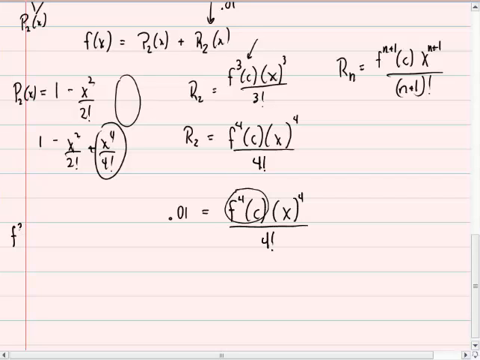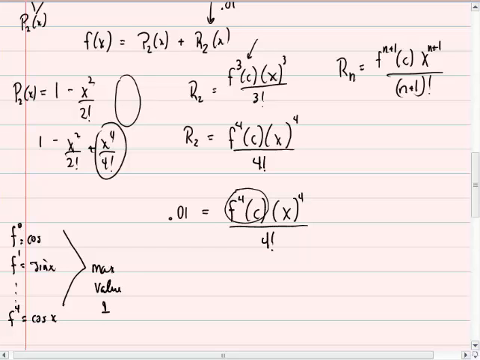We said the 0th is cosine, the first is negative sine of x, and as you keep going down, you find that the fourth derivative is cosine again, and all of these derivatives are maxed out. Their max value is 1. So we're going to plug a 1 in there for that derivative.